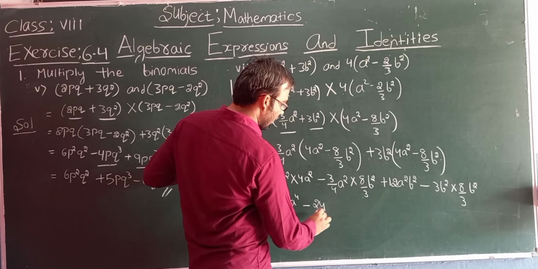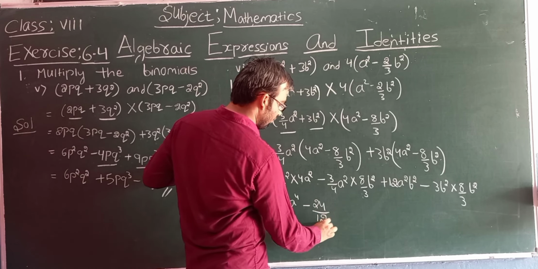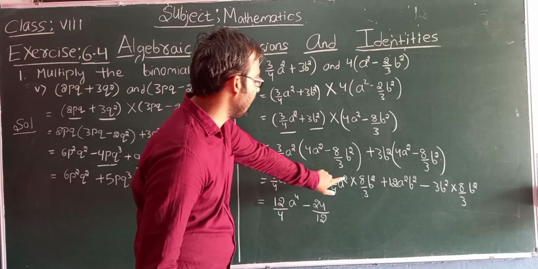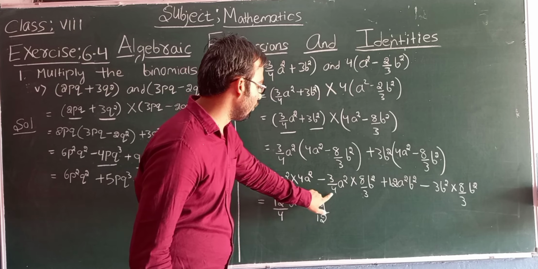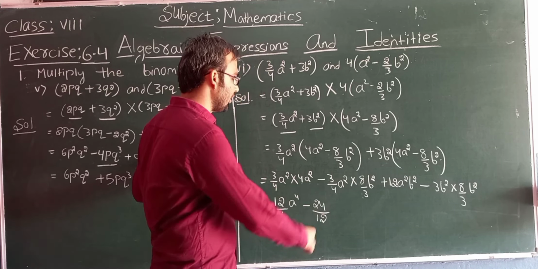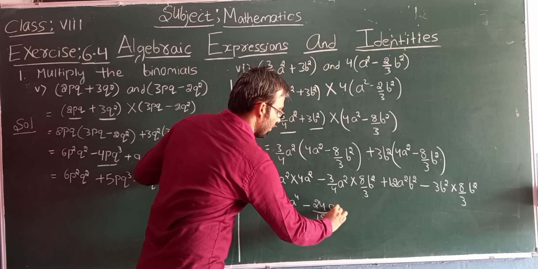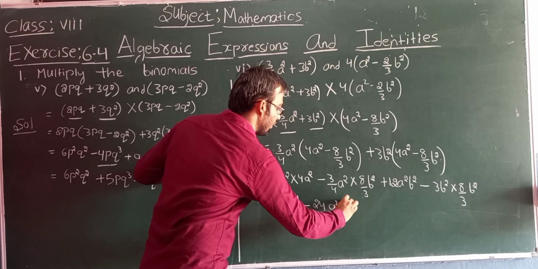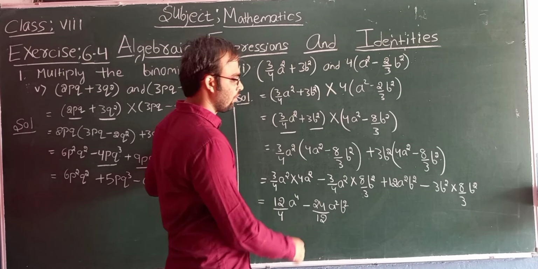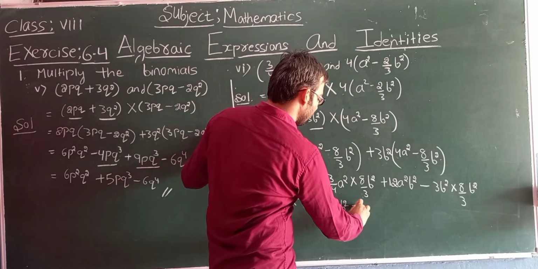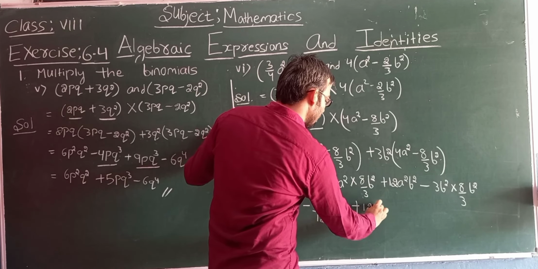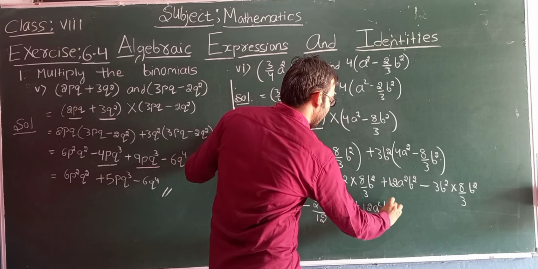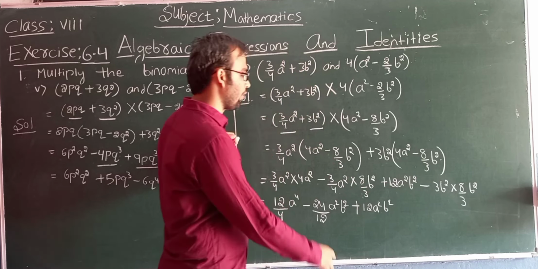So 4 3s are 12. Next, a square b square is what? a square b square. Next write this one, 12 a square b square.